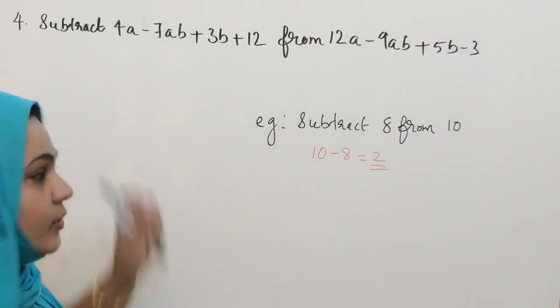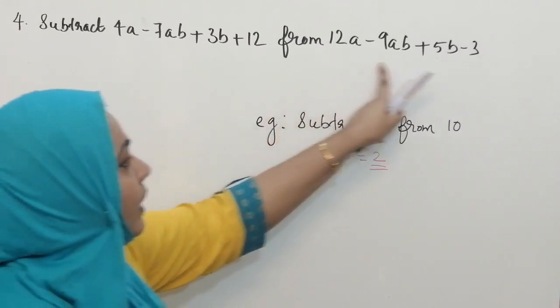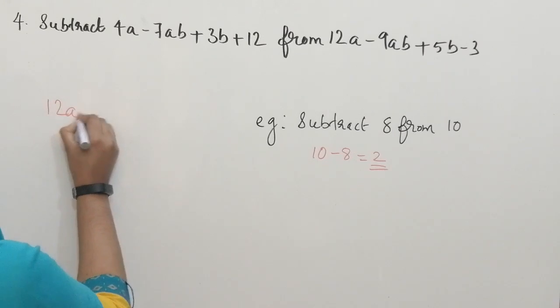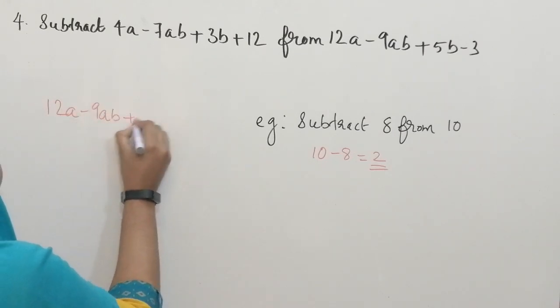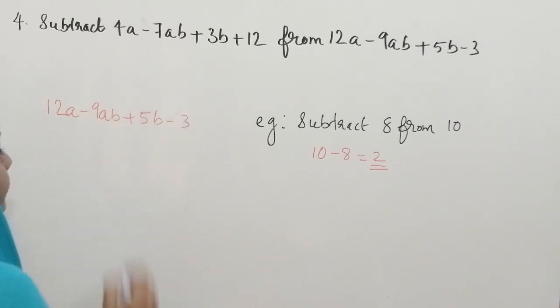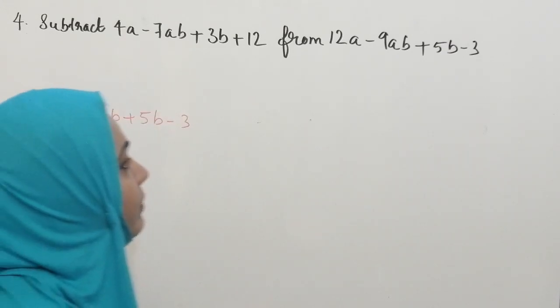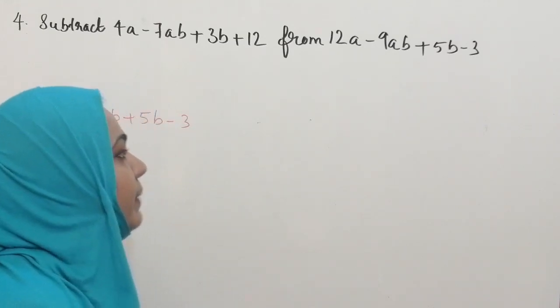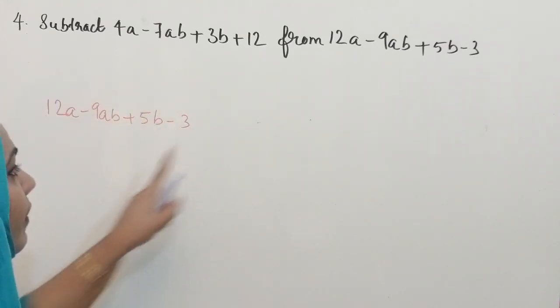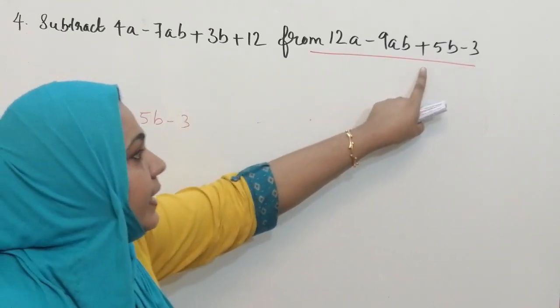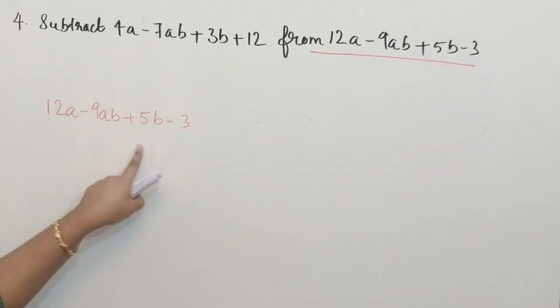Correspondingly, for solving this question, we have to write this part of the algebraic expression first. So 12a minus 9ab plus 5b minus 3. Subtract 4a minus 7ab plus 3b plus 12 from 12a minus 9ab plus 5b minus 3. So I am taking from this part of the question. 12a minus 9ab plus 5b minus 3 I wrote here.